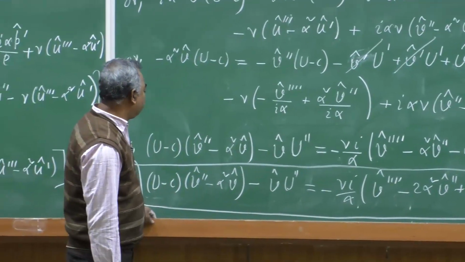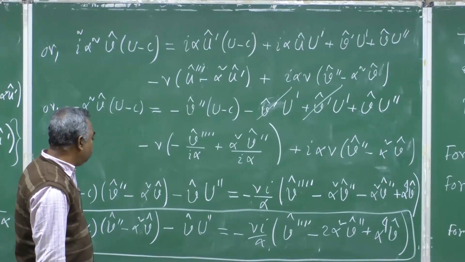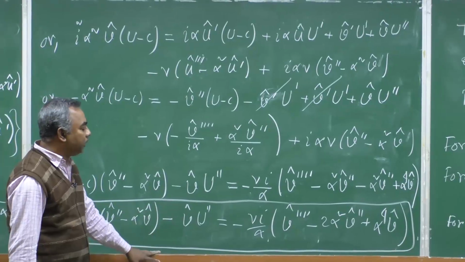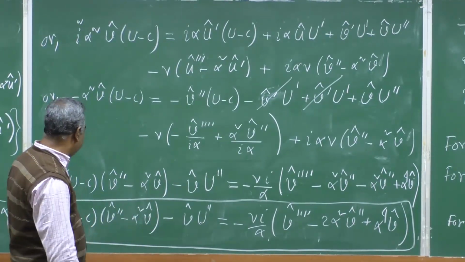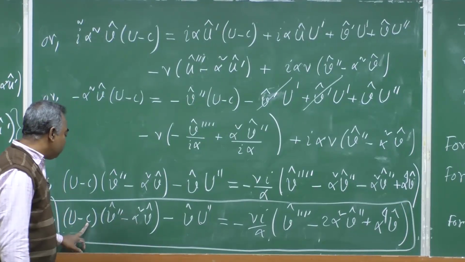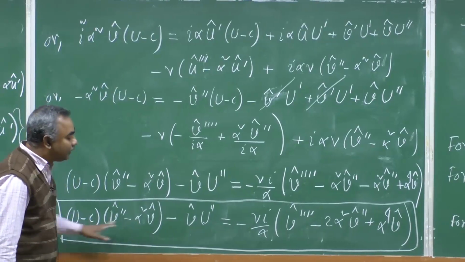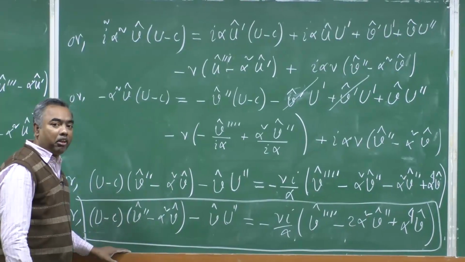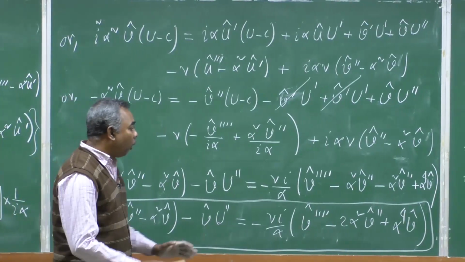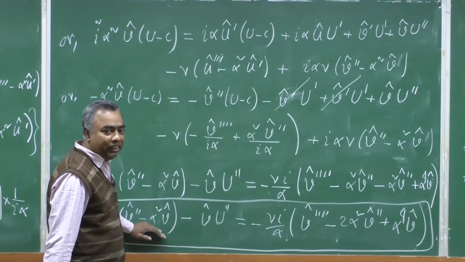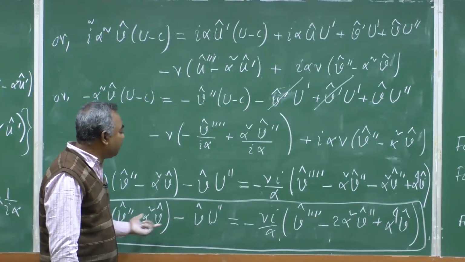That means, for a given value of alpha, you can find out the value of c, or for a given value of c, you can find out the value of alpha which will satisfy this equation for the given conditions. So, that is what you have to keep in mind. Only a particular set will satisfy this equation; for a particular value of Reynolds number, this equation is going to be satisfied.